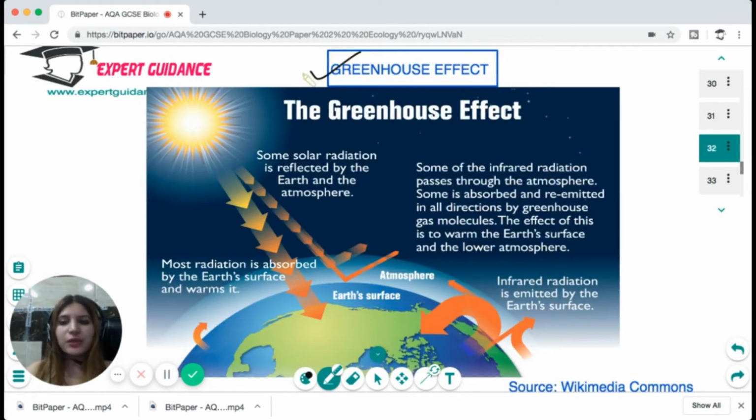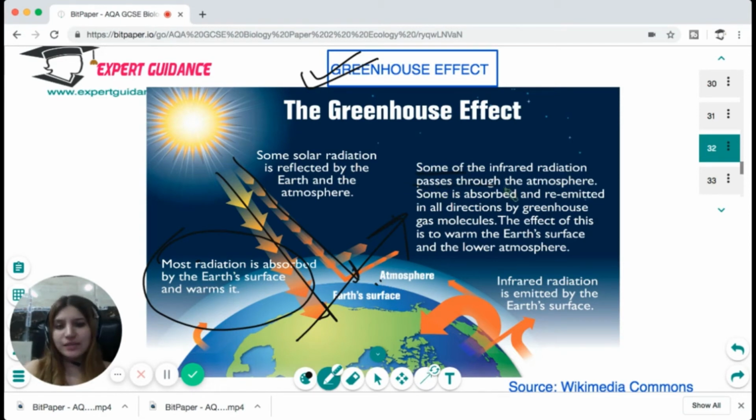Now, what is the greenhouse effect? If you look at this diagram, the solar radiation comes to the Earth's atmosphere and the Earth reflects it back. Now, most of the radiation is not allowed to reflect back. Some of the infrared radiation passes through the atmosphere, some is absorbed and re-emitted in all directions by greenhouse gas molecules. The effect of this is to warm the Earth's atmosphere and lower the atmosphere temperature.